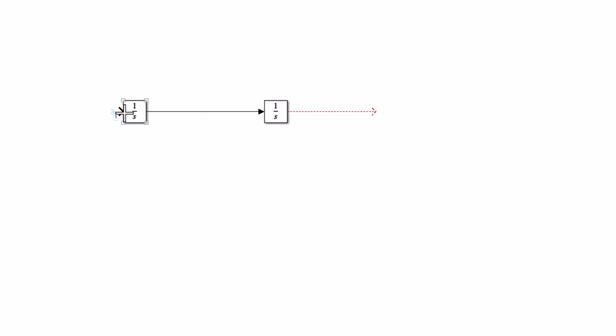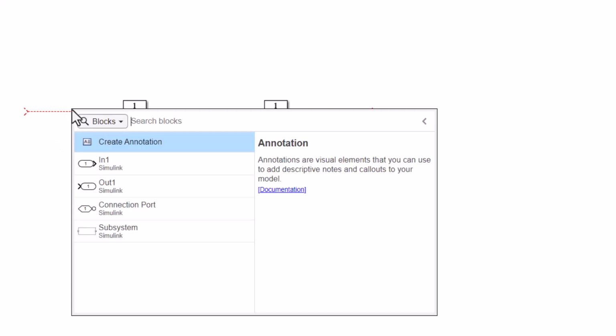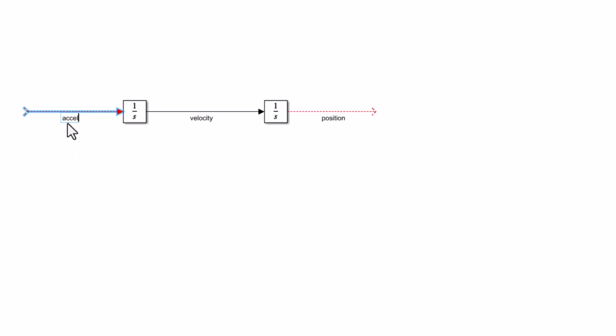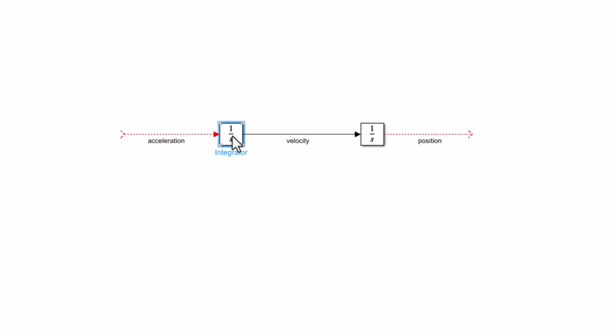So this is velocity, and if you integrate it, you come up with position. And this is acceleration. You know, the integration of acceleration is velocity, and the integration of velocity is position.